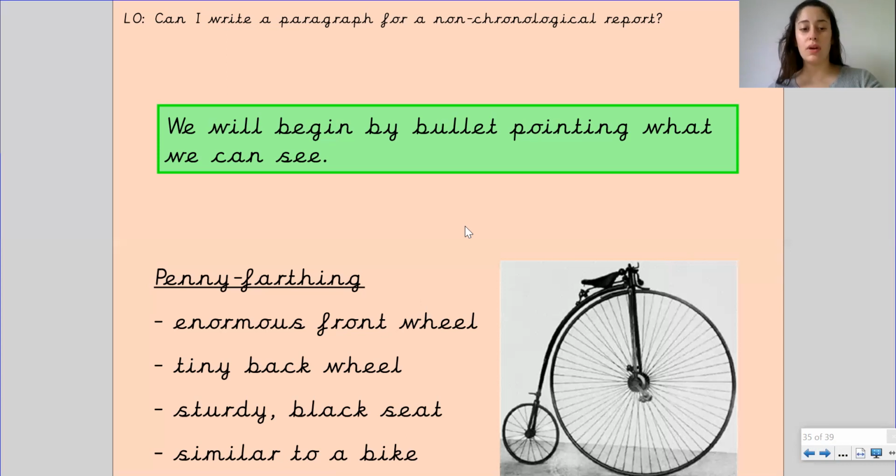So what we don't want is the penny farthing has enormous front wheels, the penny farthing has tiny back wheels, the penny farthing has a sturdy black seat. That just sounds quite repetitive. So think about how you could start each sentence in a different way. Play the video when you're ready for me to show you my paragraph.